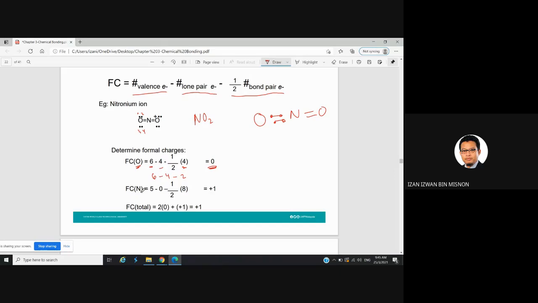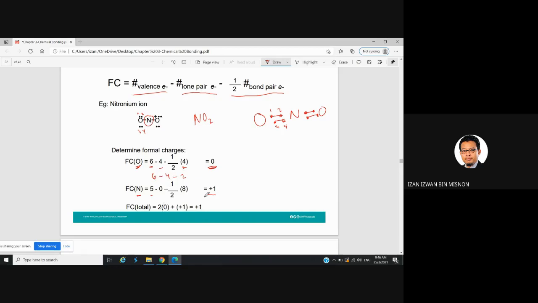Okay. And for nitrogen, nitrogen has 5 valence electrons. And in this case, nitrogen doesn't have lone pair electrons. And we need to subtract half the bond pair electrons. So for nitrogen, we have 1, 2, 3, 4, 5, 6, 7, 8. So nitrogen has 8 bond pair electrons. So in this case, the formal charge for nitrogen is +1. Then we need to calculate the overall formal charge.